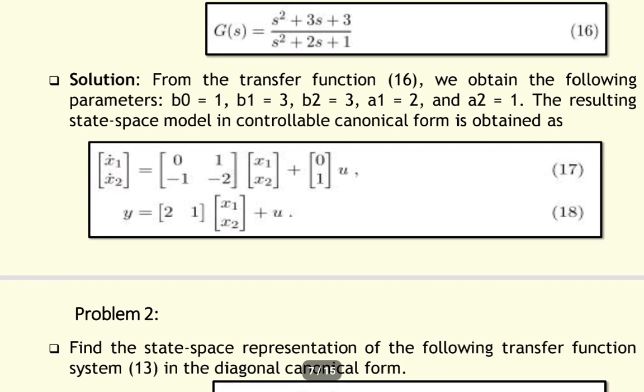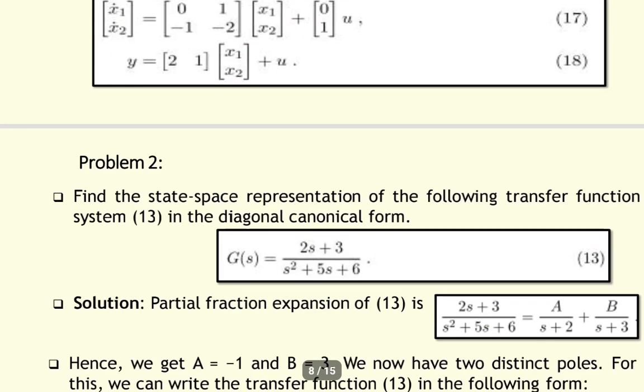You can apply those formulas and generate that, and the d value is always 1, that's why the C matrix will be 2 1, y is equal to 2 1 times x1 x2, two variables, plus u.